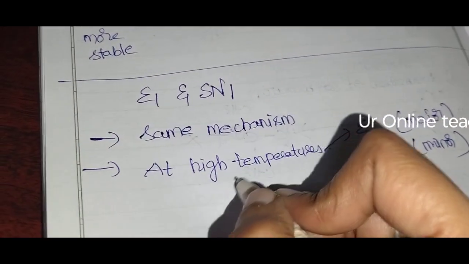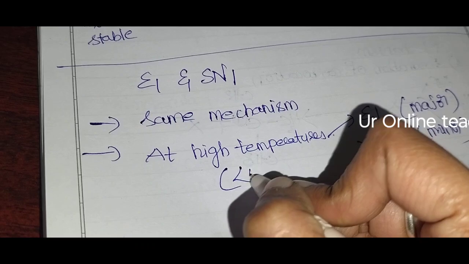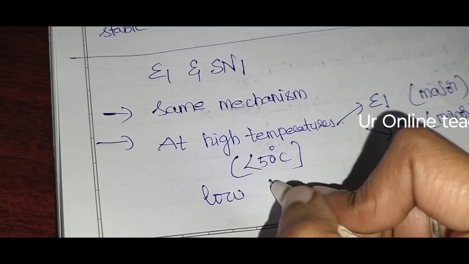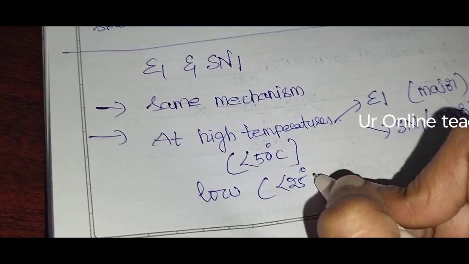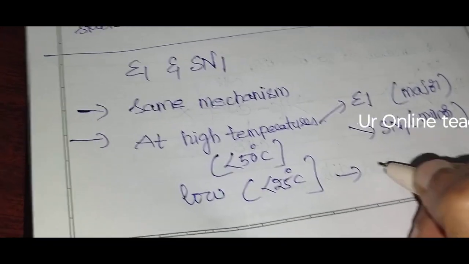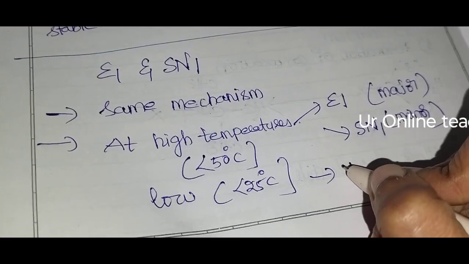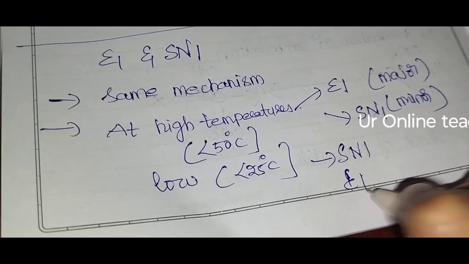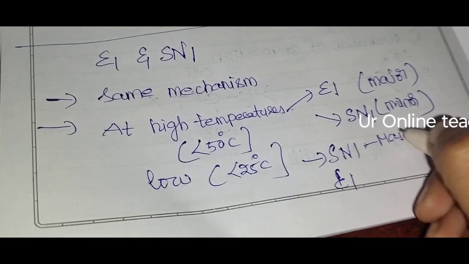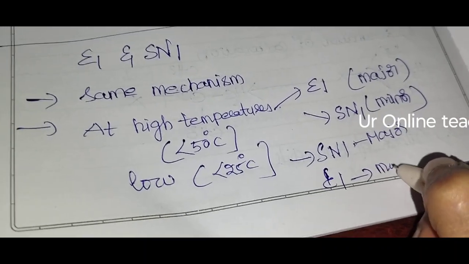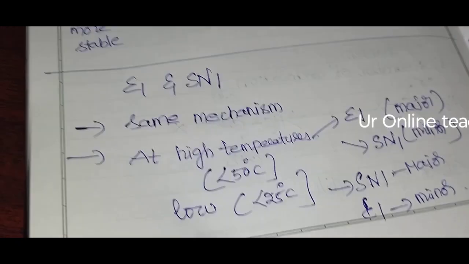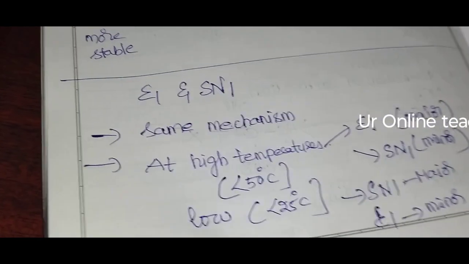At low temperatures, major products will be SN1 and minor products will be E1. High temperature means greater than 50 degrees centigrade, and low temperature maybe 25 or less. So we can easily differentiate whether it is E1 or SN1 by seeing the temperature first.